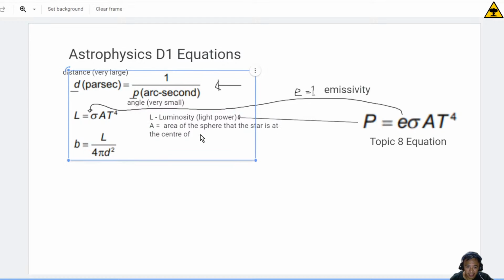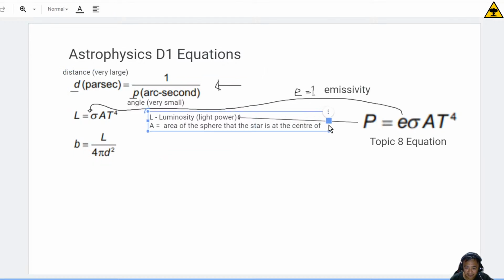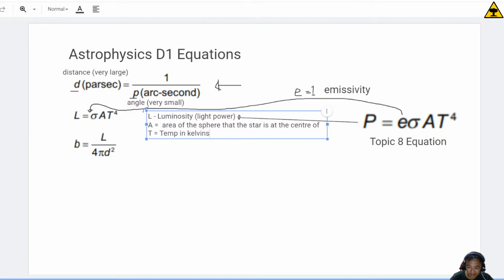Again, A is the area of the sphere that the star is at the center of, and T is the temperature in kelvins. Finally, that sigma thing. I'm just going to write it down like this. This is the Greek letter, by the way. This is what's called the Stefan-Boltzmann constant.